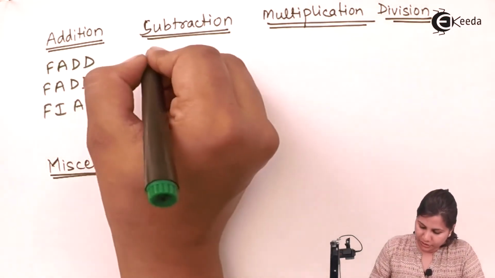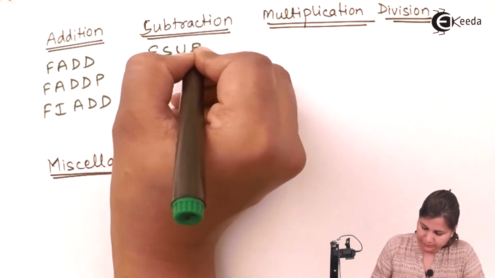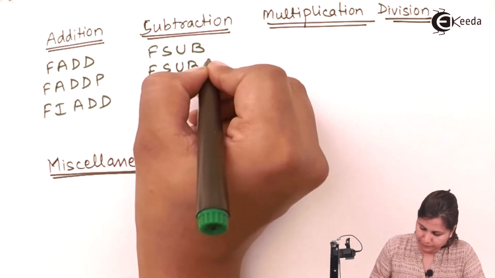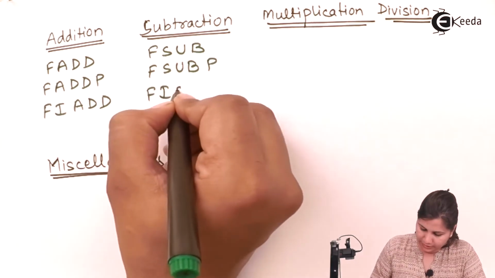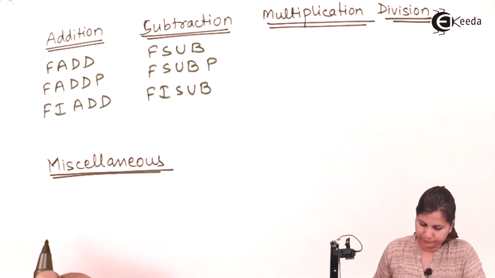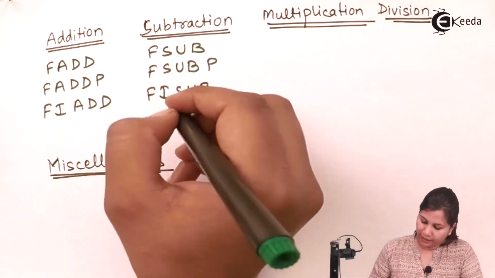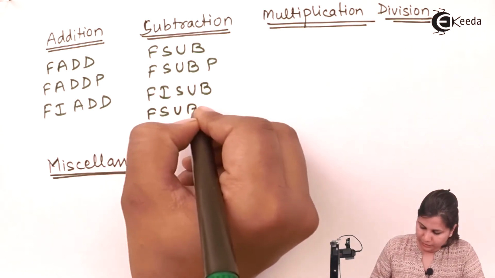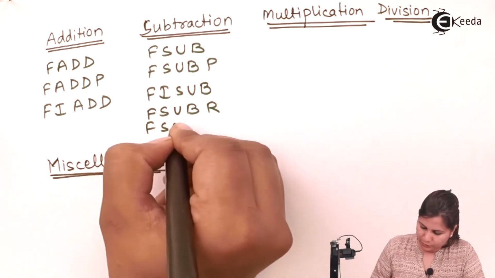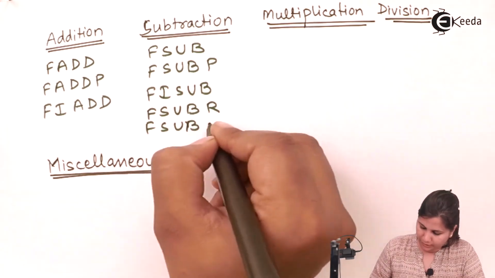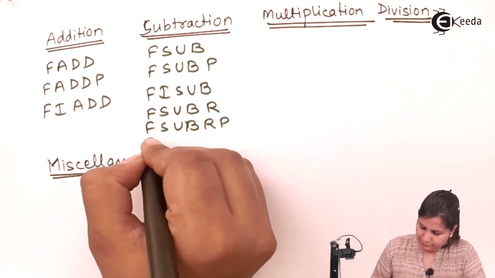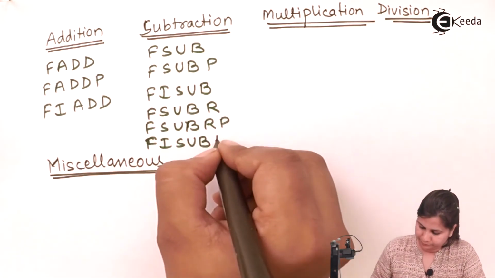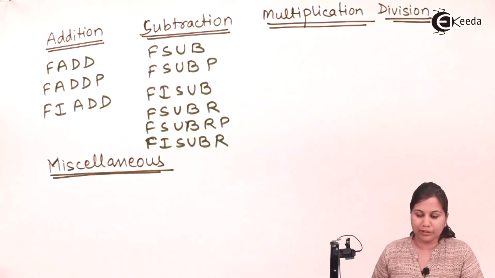For subtraction, we studied FSUB, FSUBP, FISUB. And after that, we had reverse instructions also: FSUBR, FSUBRP, FISUBR. These are for the subtraction.